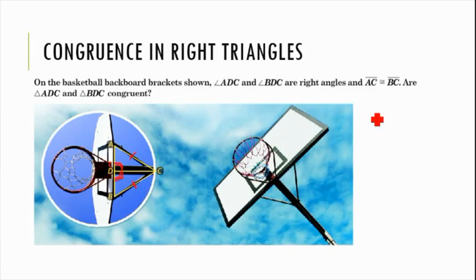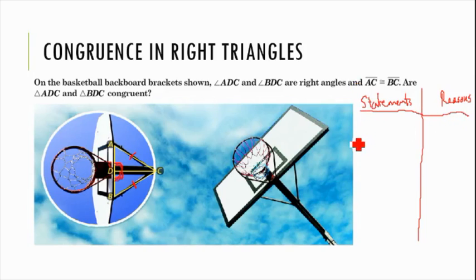Well, what am I given? I'm going to write my statements, just like every other proof we've done, and then my reasons on the right. Let's keep us organized by putting them in two different columns, and we'll start a two-column proof. What am I given? Angle ADC and angle BDC are right angles, and that's given.